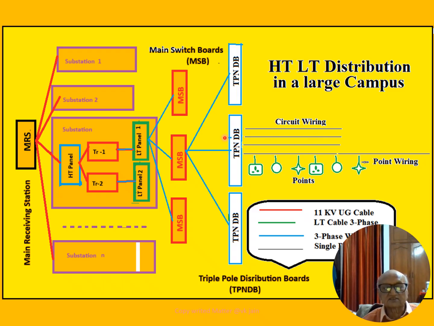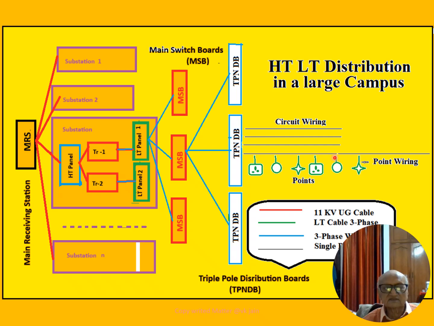You can connect it to as many circuits as the number of ways available. 4-way will give you 12 circuits, 6-way will give 18, 8-way will give 24, and 12-way will give 36 circuits.